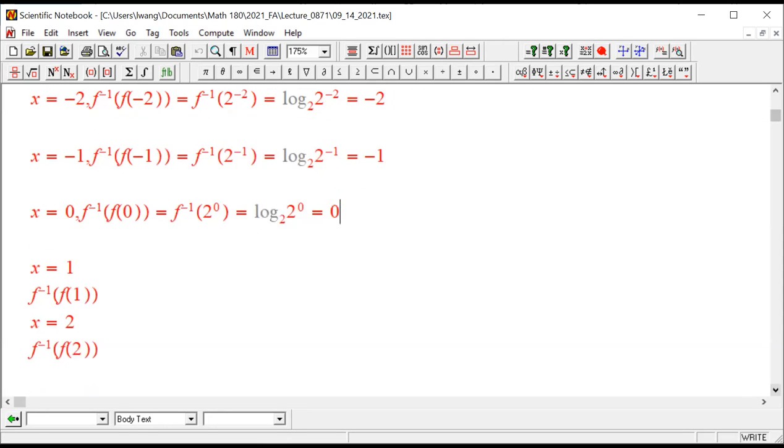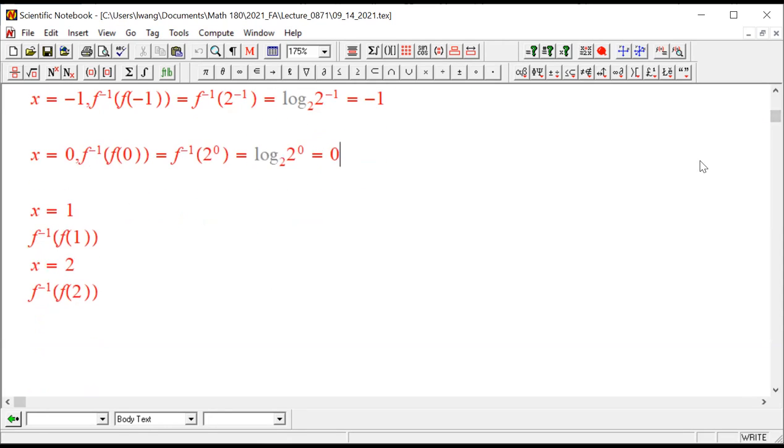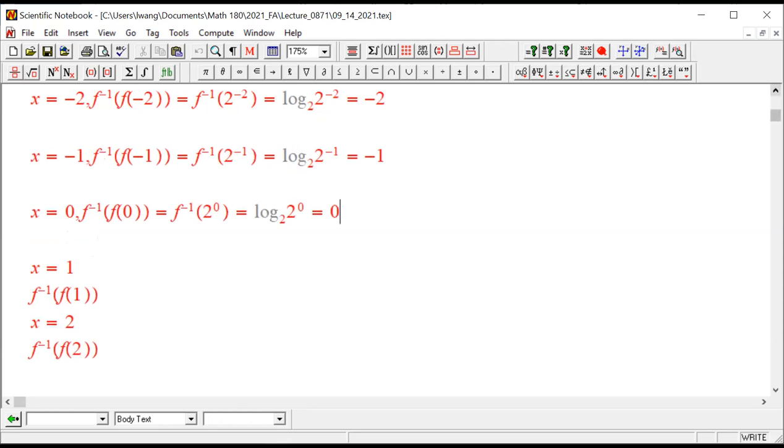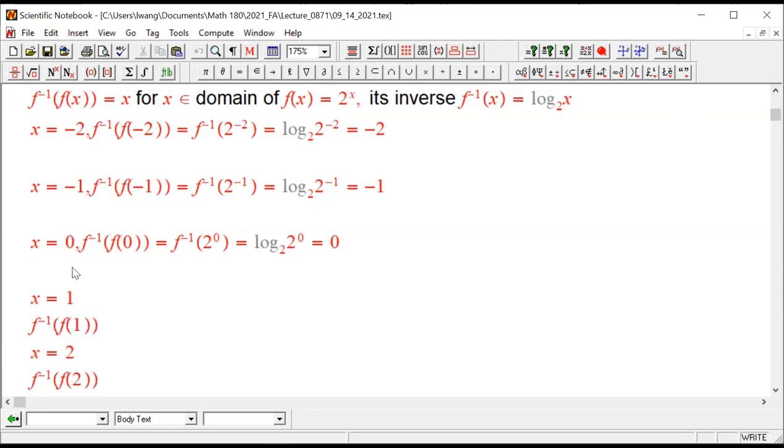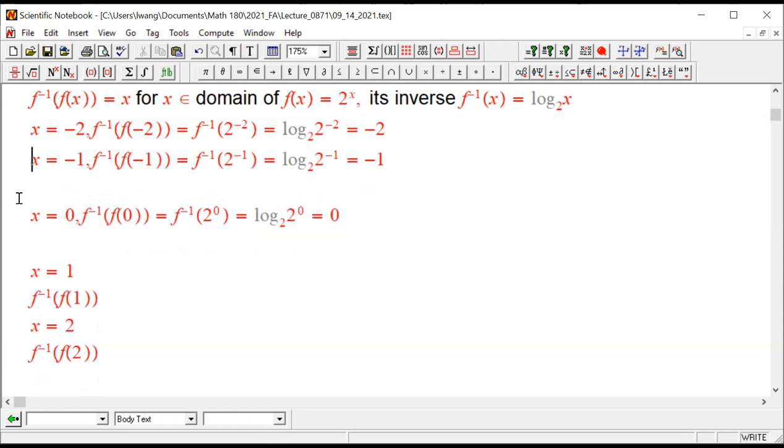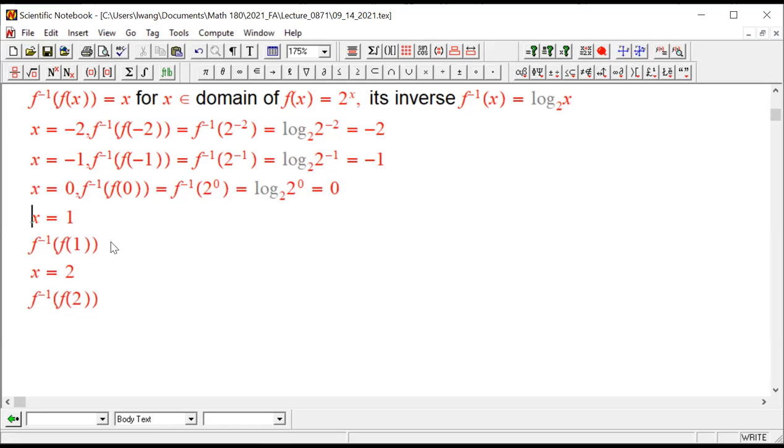Last 2. I try to fit this on one screen, that's what I'm trying to do. So next, for x equals 1, we do the inside most first, and that's 2 to the power of 1, because x will be replaced by 1.